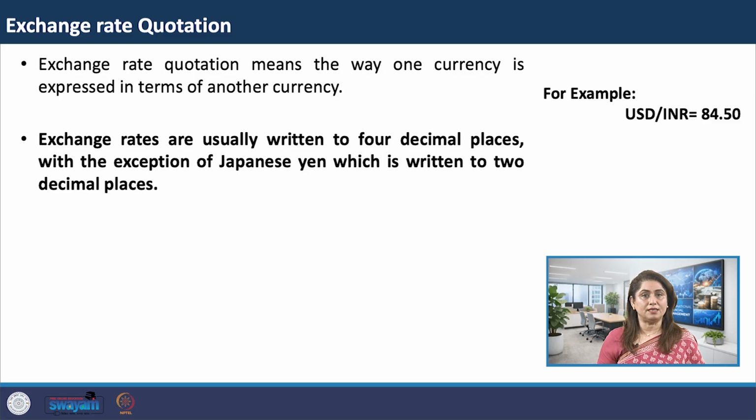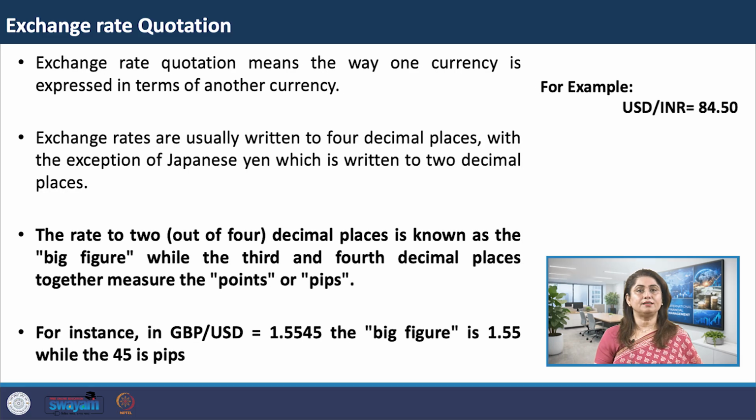This 4 decimal place precision matters because in the forex market, even a tiny movement in the 4th decimal place can represent thousands of rupees or dollars when multiplied across large transaction sizes. The only major exception to this is the Japanese yen. USD by Japanese yen is written to only 2 decimal places. For example, 149.80 yen per USD, because the yen itself is a low denomination currency.